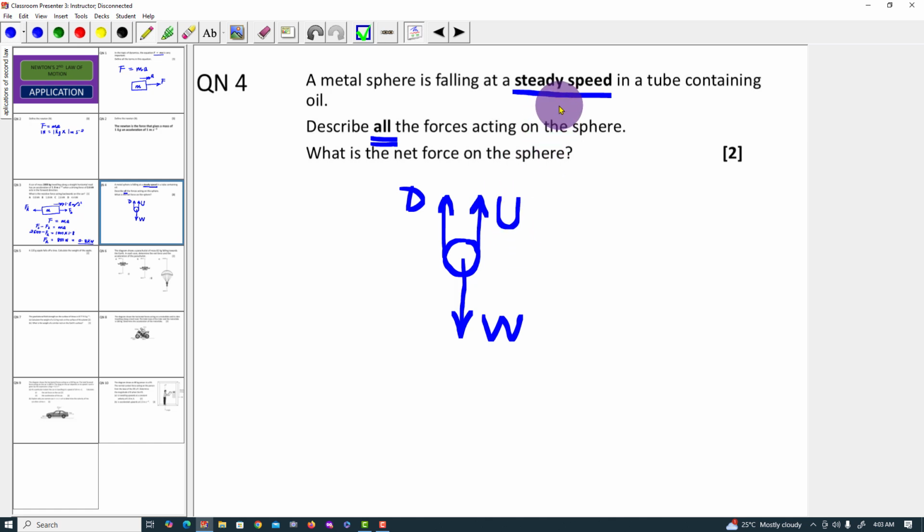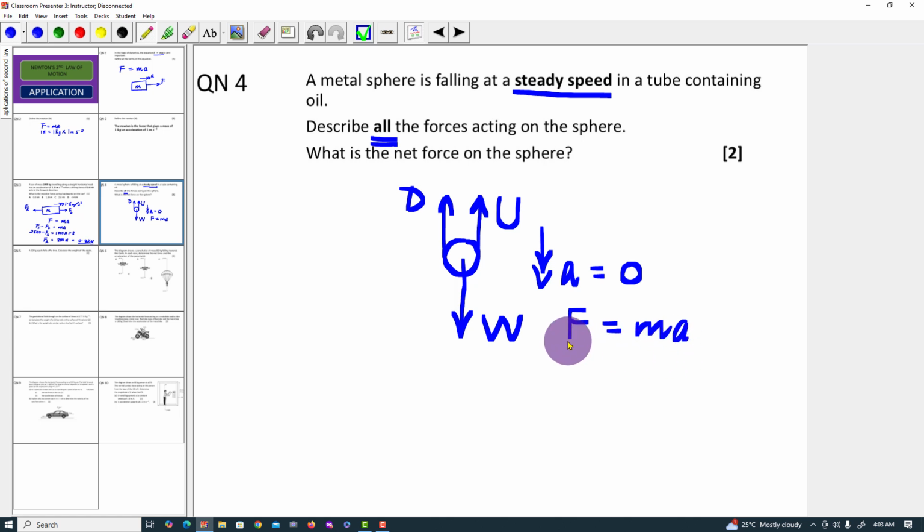Now, since this object is falling at a steady speed, we realize that the acceleration will be 0. If the acceleration is 0, it further implies that the resultant force is 0. Just from this equation, F is equal to ma.